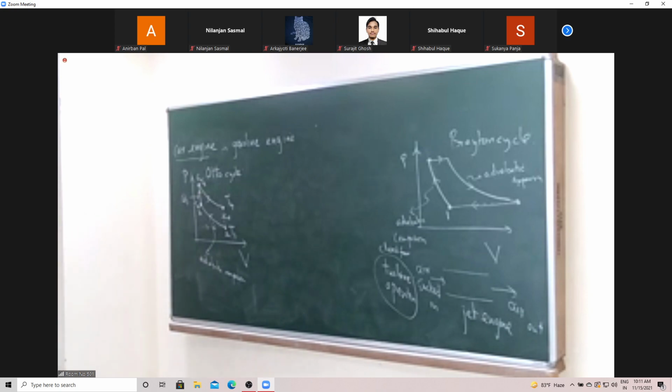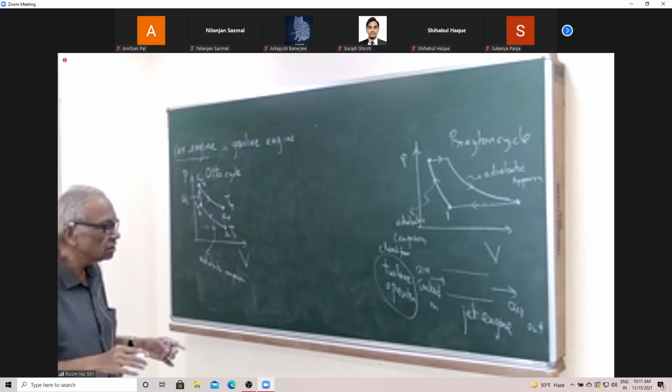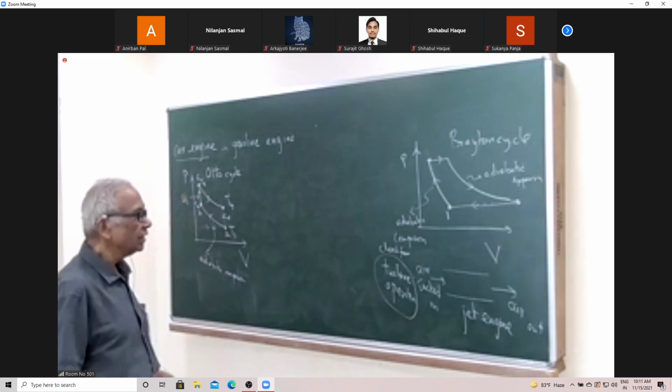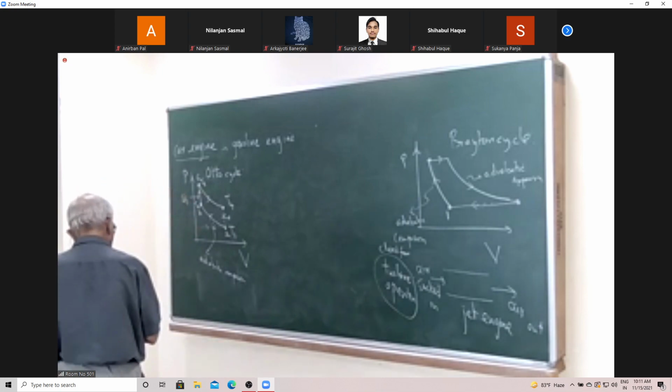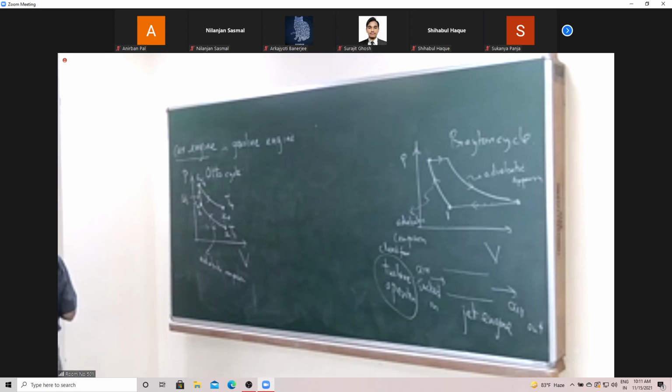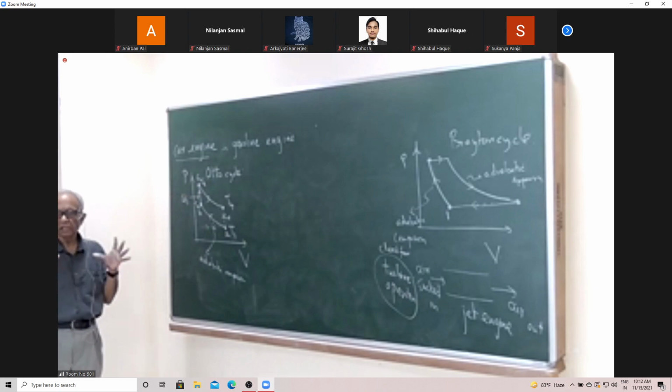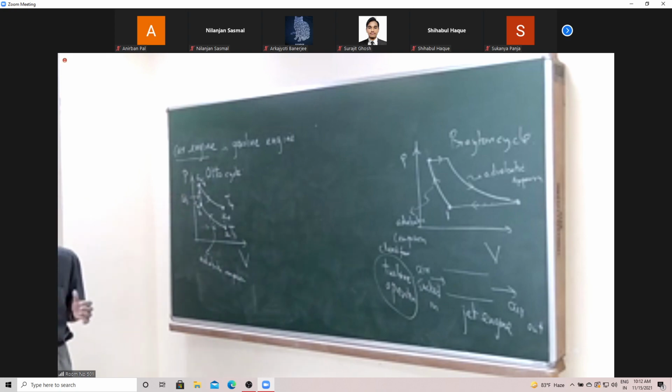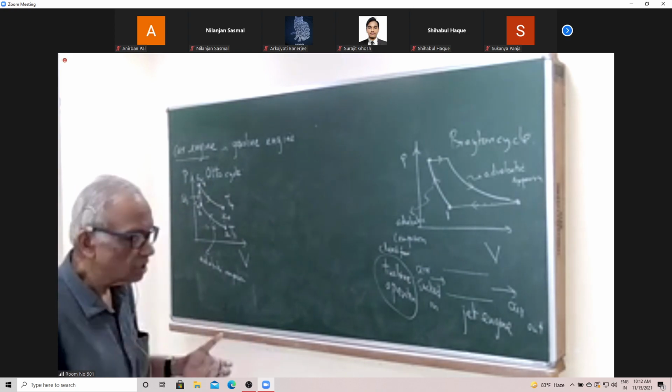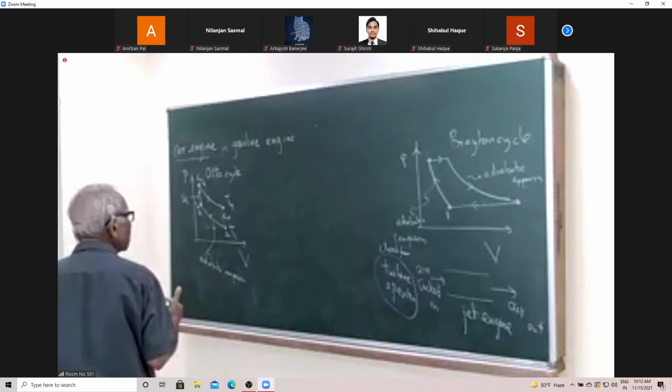Notice that the adiabats seem to be there because there is a work done component over here. The work done component means pushing out, and pushing out, when it is done rapidly, has to be adiabatic.